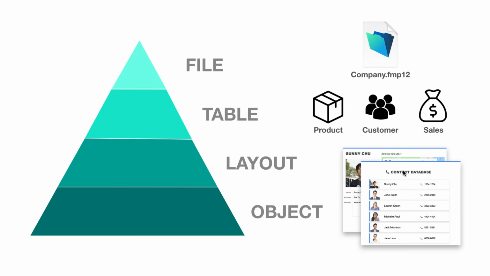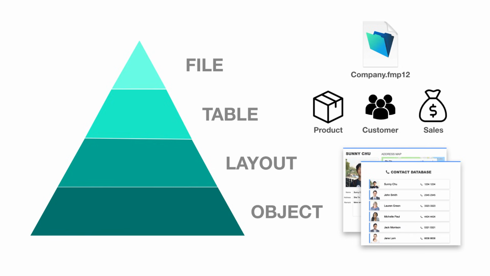Or maybe I can also present all the customers in a list view format that shows multiple customers at the same time. They are all coming from the same data set, from the table, and you can present one table in different layouts. So one table can be displayed in multiple different layouts.